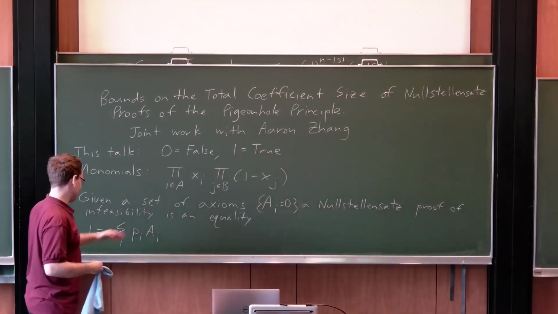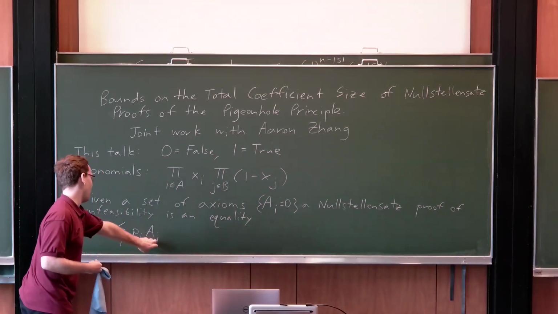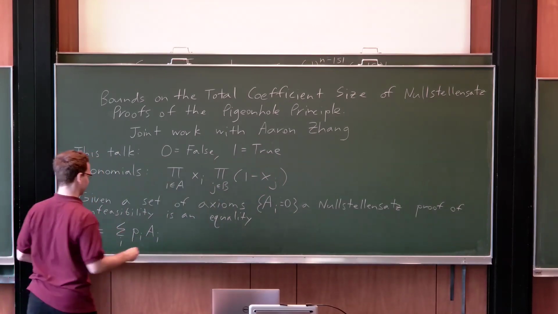And this proves they're infeasible, since if all the A_i were 0, then we would have 1 equals 0.